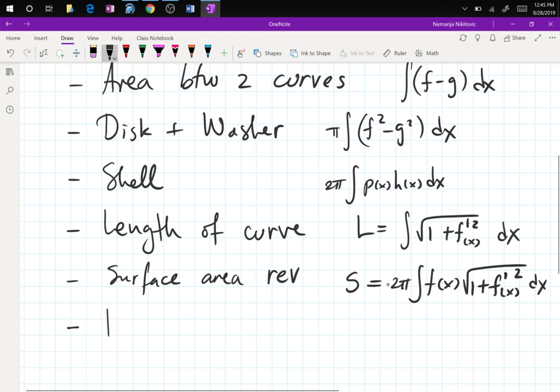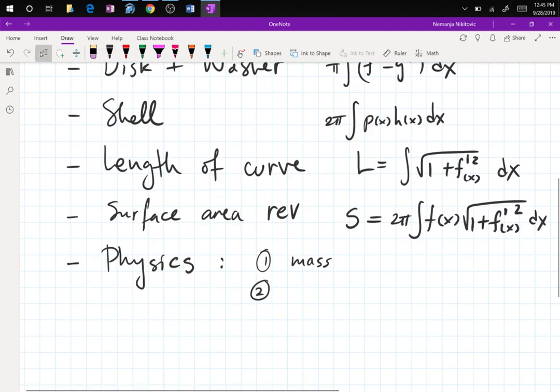And finally, we have physics. For physics, guys, you have a number of things: number 1, mass; number 2 is the work; and then number 3, work by spring.